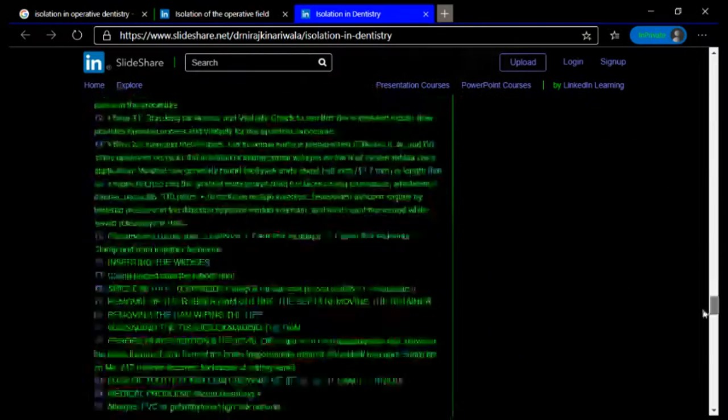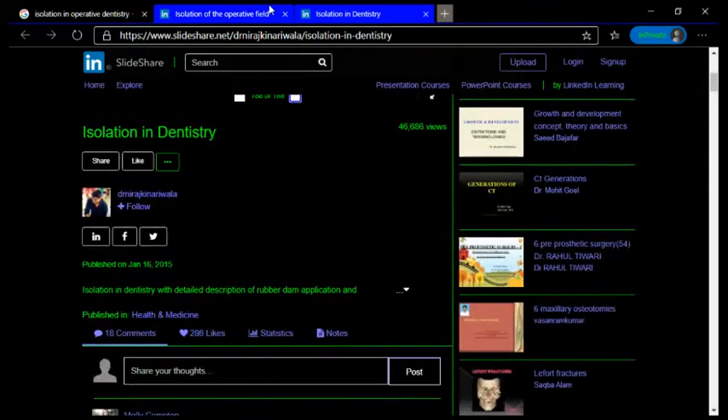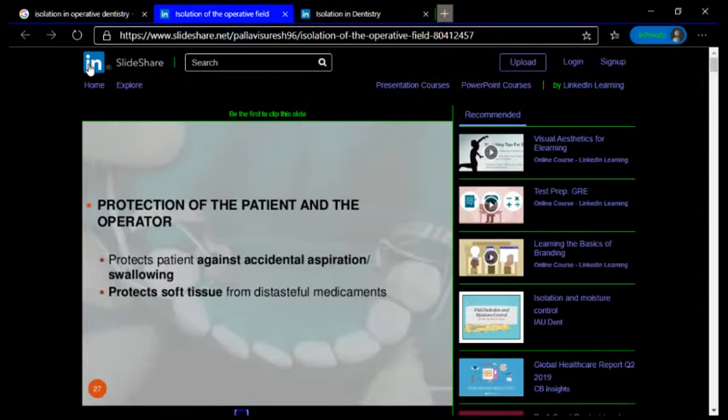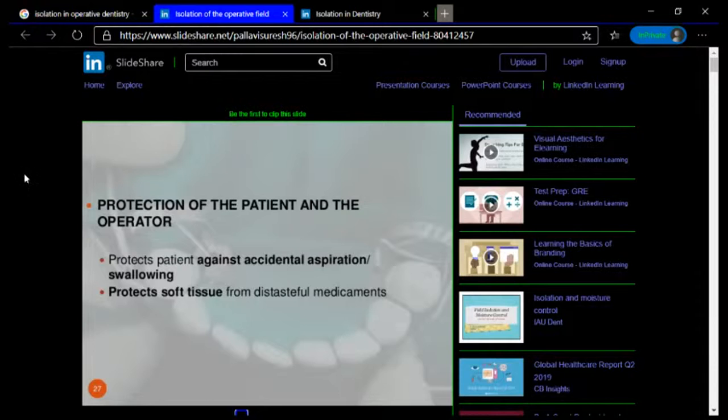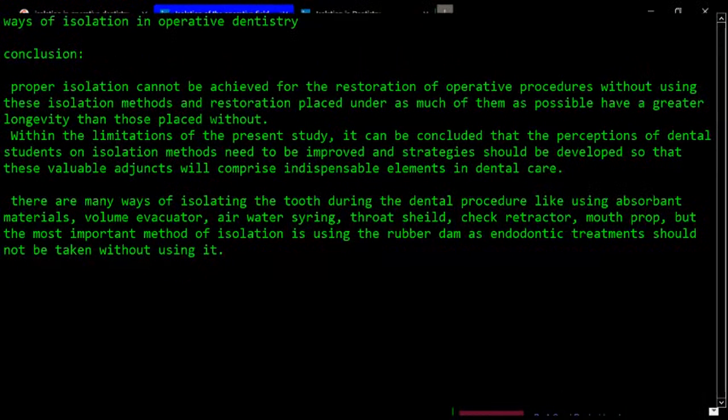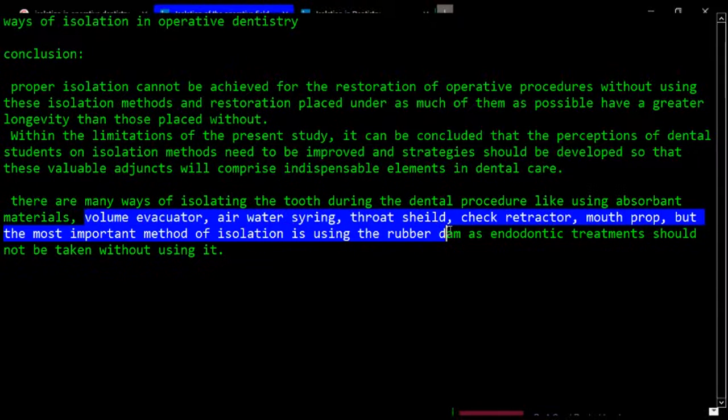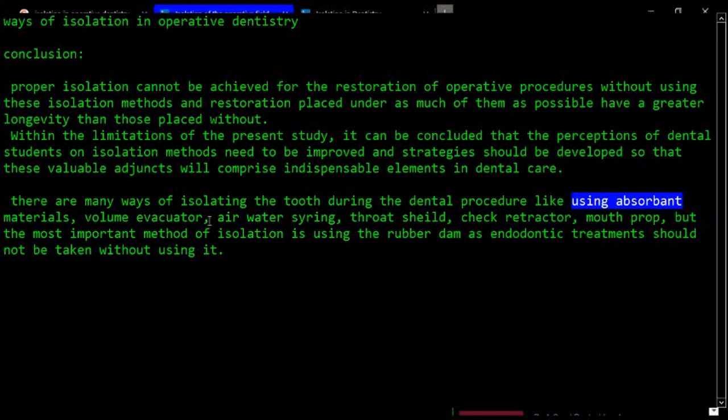It's always about the rubber dam, and I do not find anything about the conclusion, about using isolation methods in operative dentistry. But of course we talked about the methods here: the volume evacuator, the absorbent materials, the air-water syringe, throat shield.